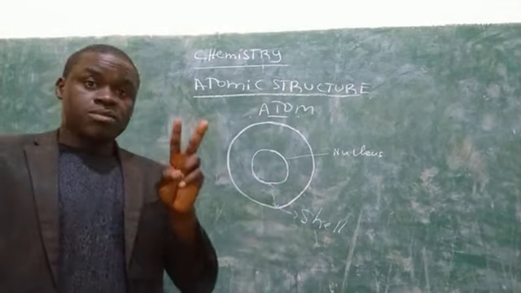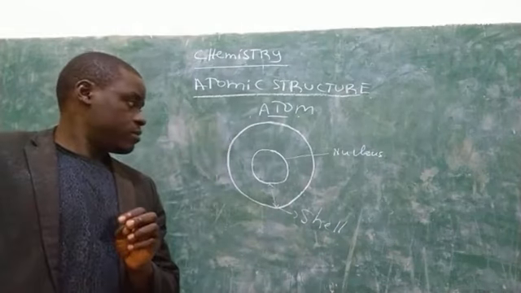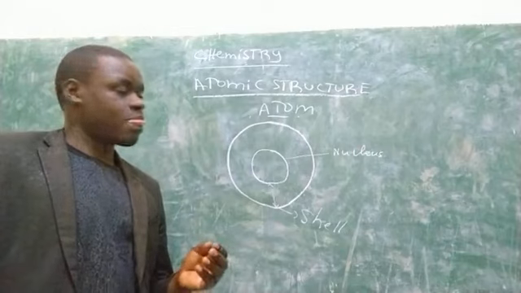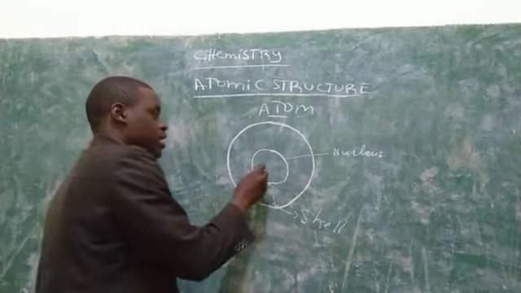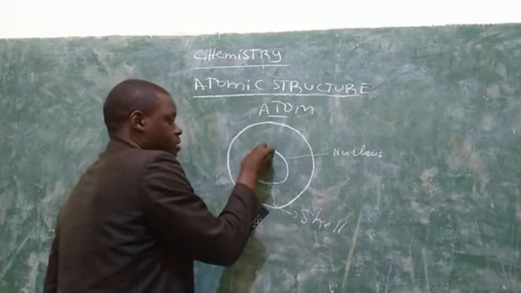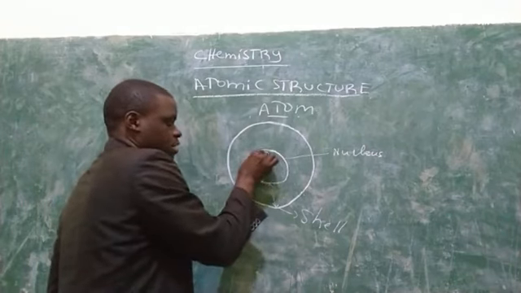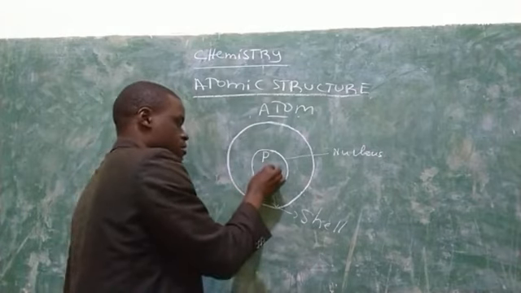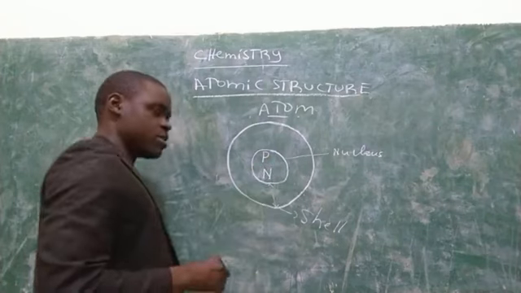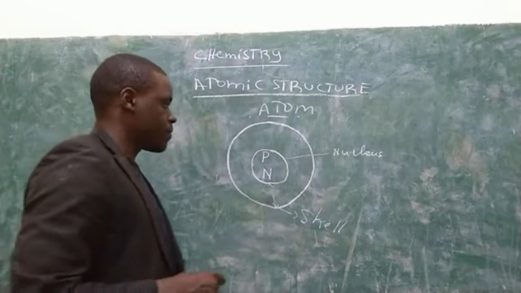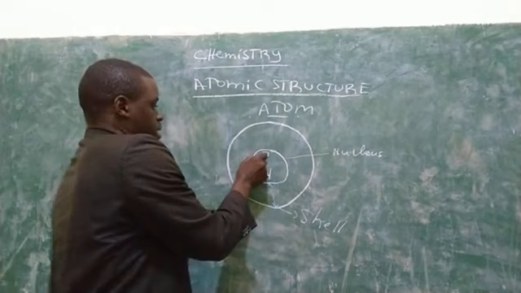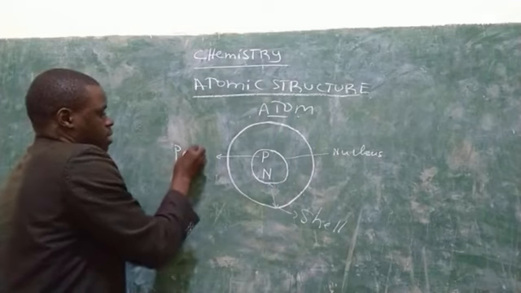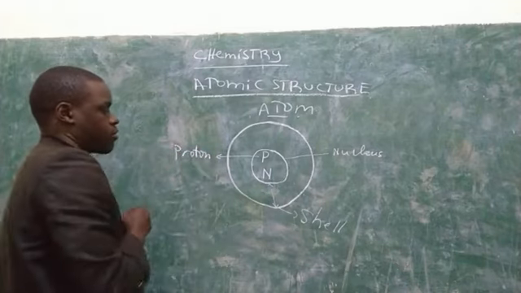In the nucleus, we find two types of particles. Generally, we are beginners of chemistry, that's why we find two particles called protons and neutrons. This is the proton.